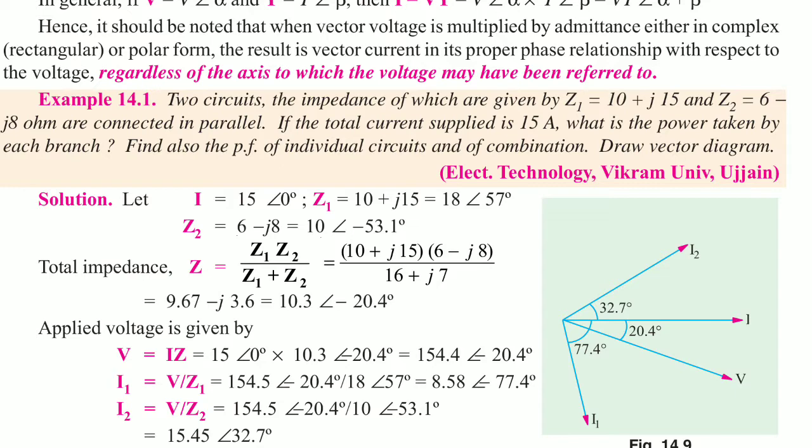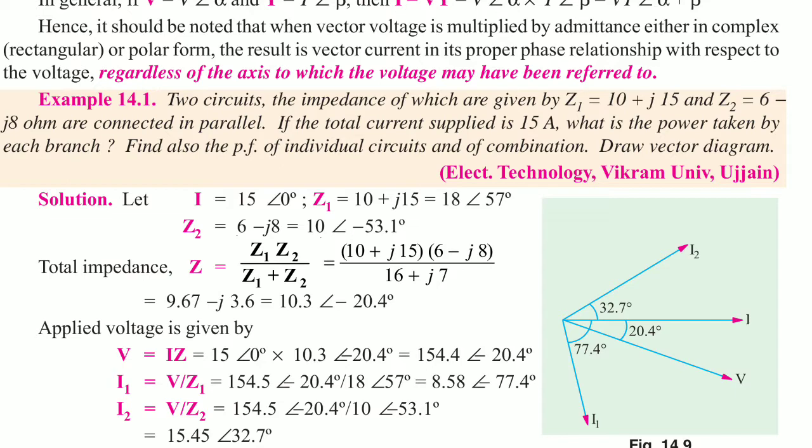Let I is equal to 15 angle of 0 degrees. Here the total current is given, that is 15 amps, so we take the angle as 0 degrees.